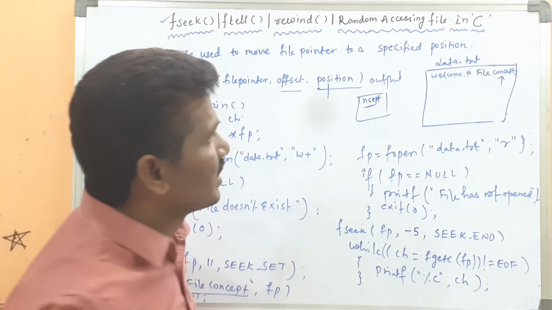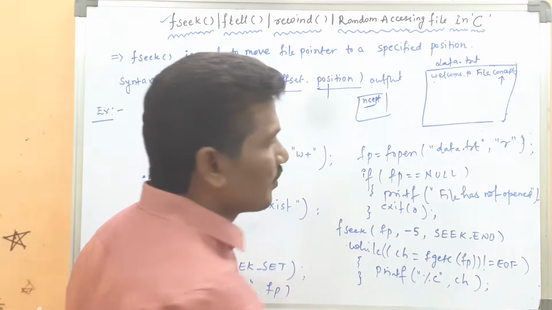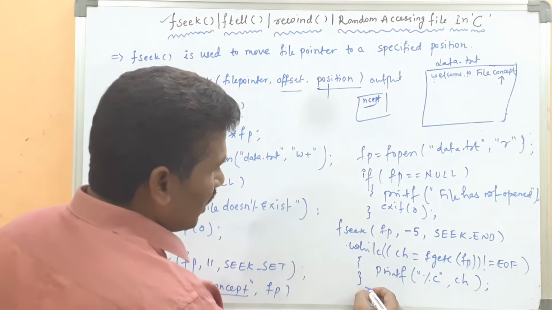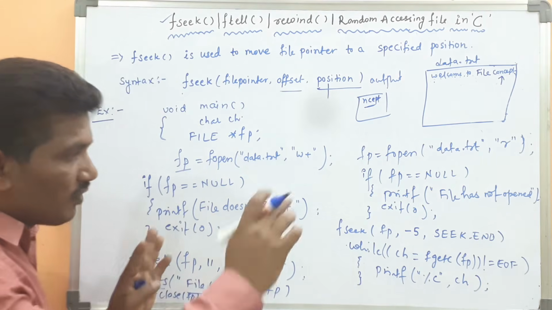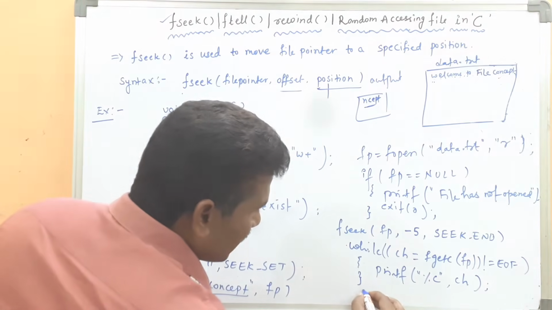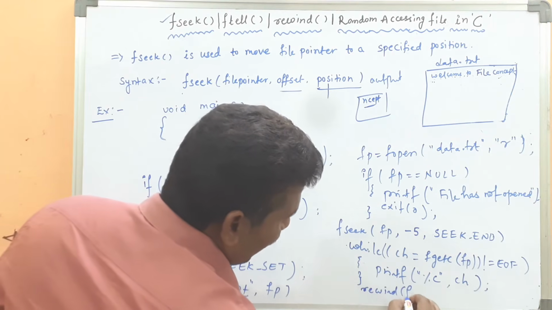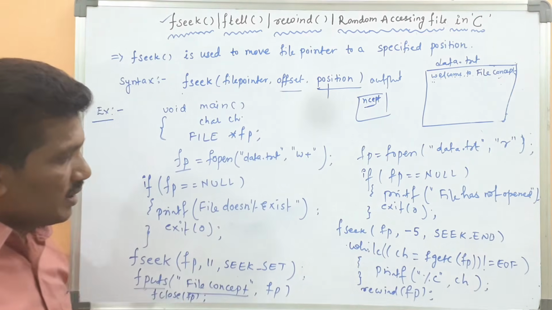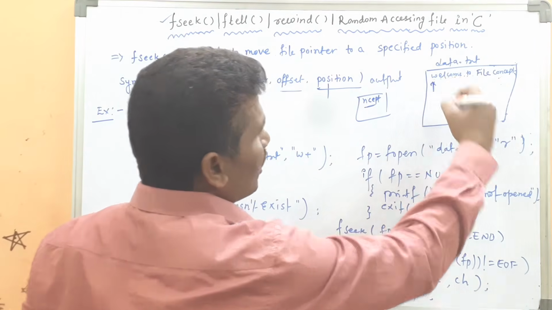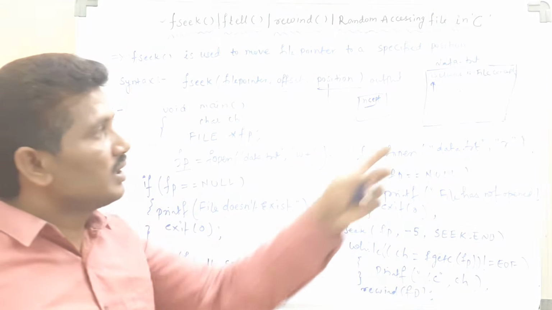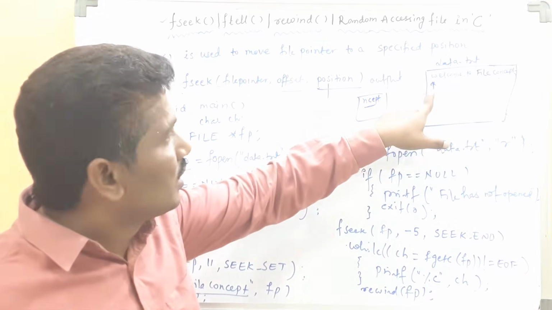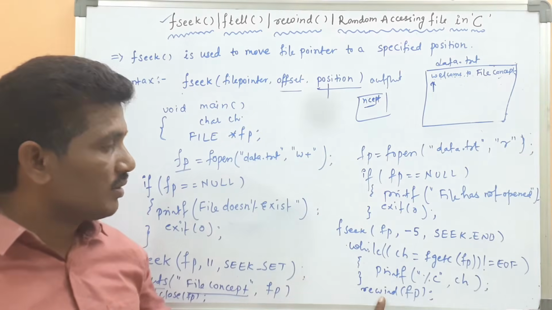If you want to get the data from the beginning again, without opening the file again, we should use the rewind function. Rewind means the cursor, wherever it is in the file, will come directly back to the beginning of the file. That is the use of the rewind function.